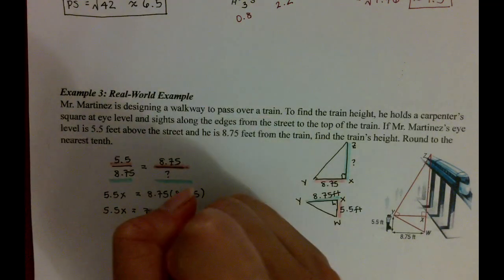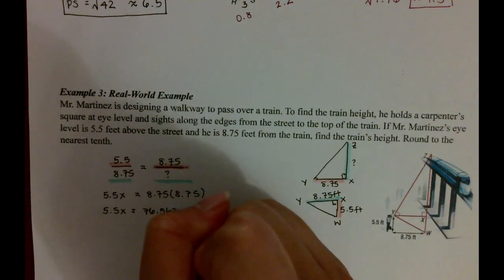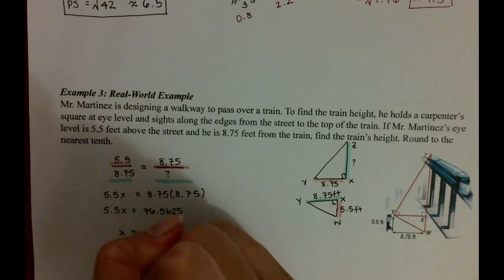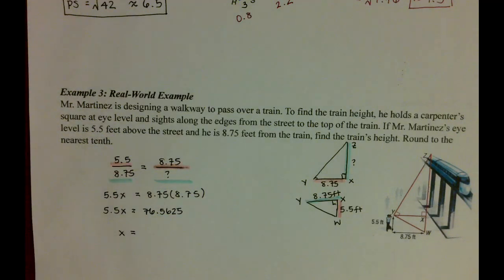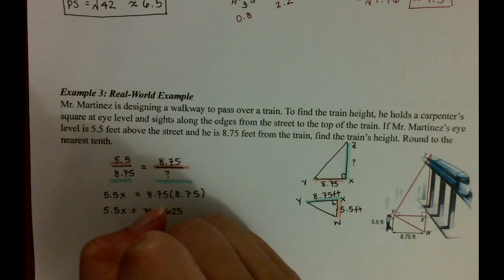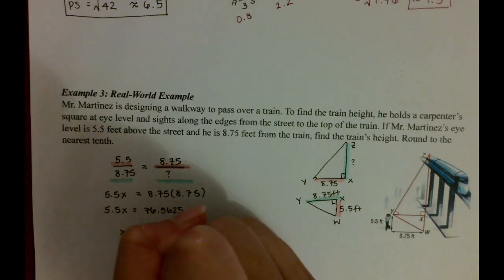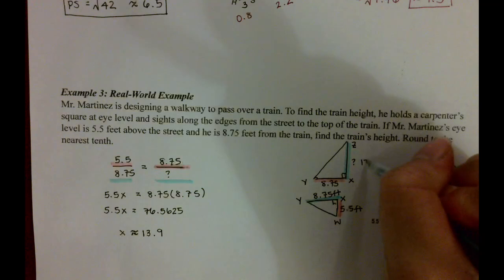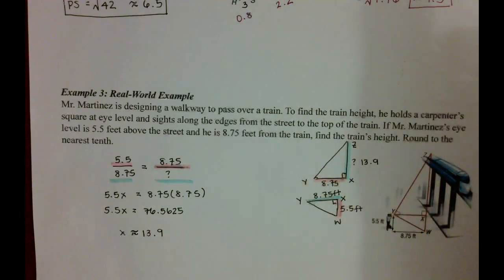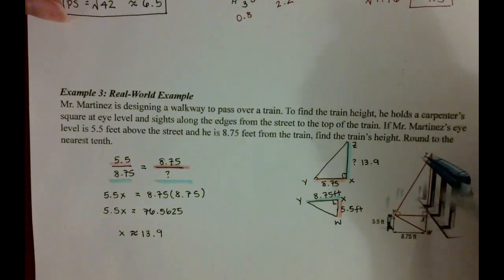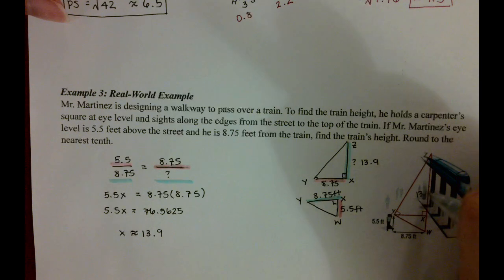8.75 times 8.75 is 76.5625. We're going to divide it by 5.5, and this gives us approximately 13.9. So this is 13.9 feet, which means that this here is 13.9 feet.